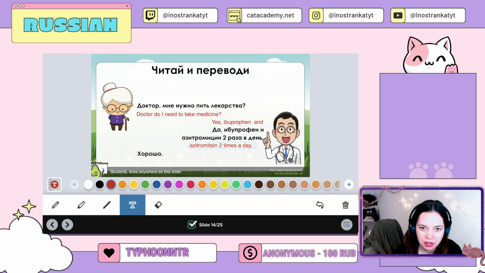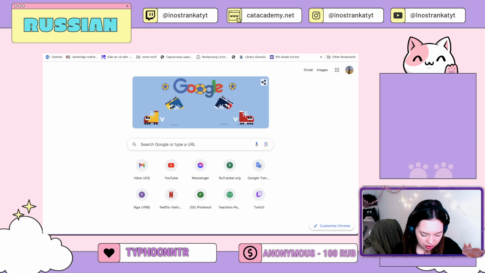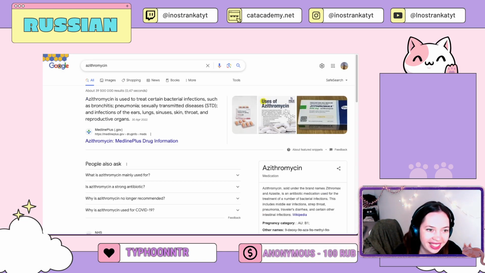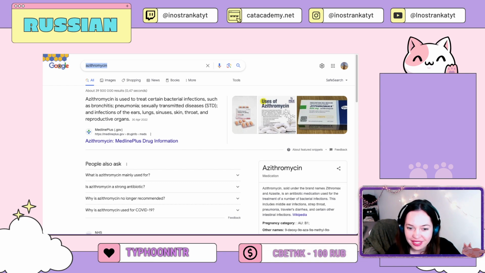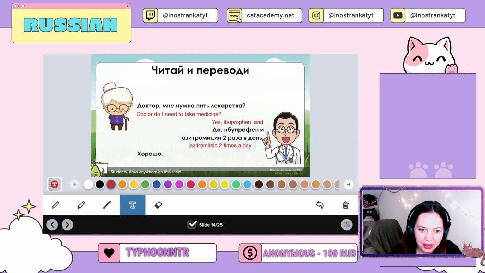Actually, I'm super curious how to spell it. Okay, now I see. I found the spelling for azithromycin. Let's compare it with mine. The beginning was okay, the ending part, I couldn't figure out how to type it.